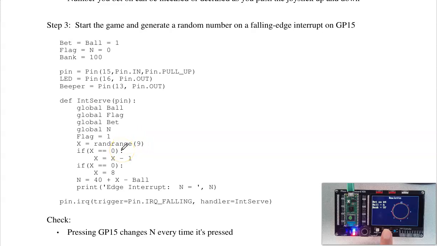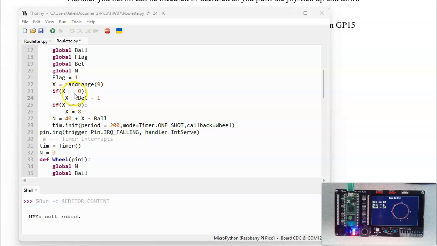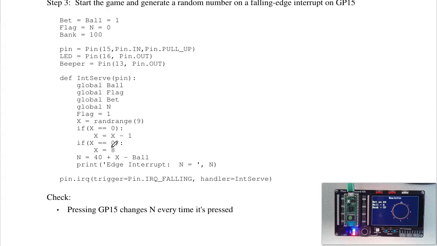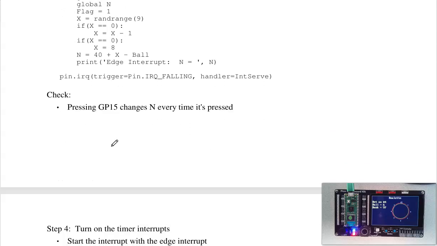If it's 0, I just shift it down by 1. So if x equals 0, the winning number is whatever you bet on minus 1. Just to toy with you, if it's 0, it wraps around, 0 means 8. So that's the winning number. So there's the edge interrupt.